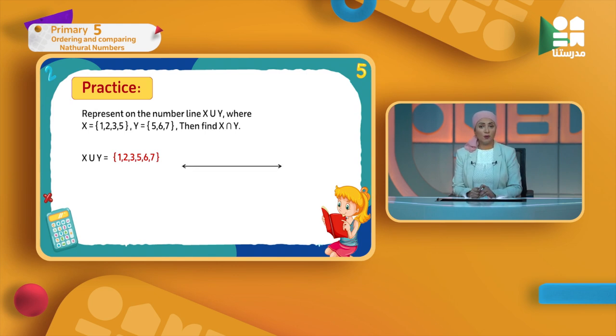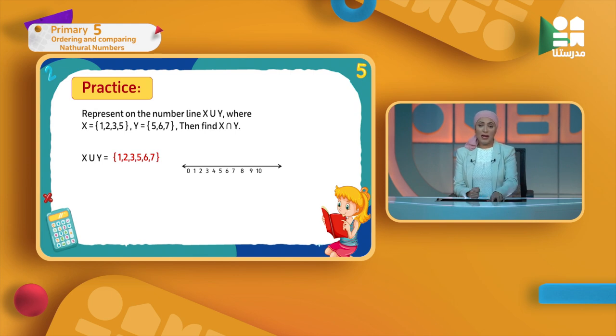So here I draw first a straight line, then I will put the elements starting from 0 on this number line, and then I'm going to put my elements on the number line. How? By putting dots representing every element.